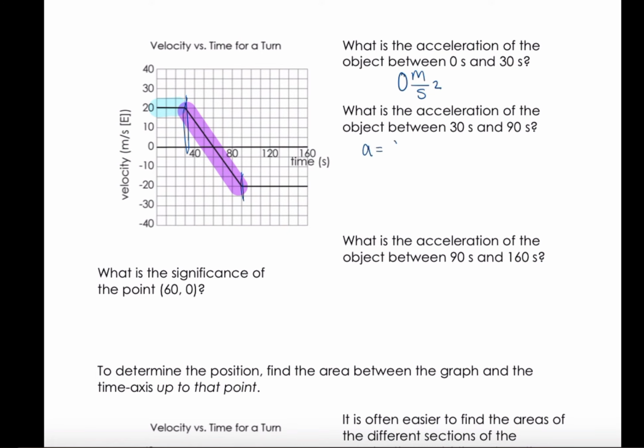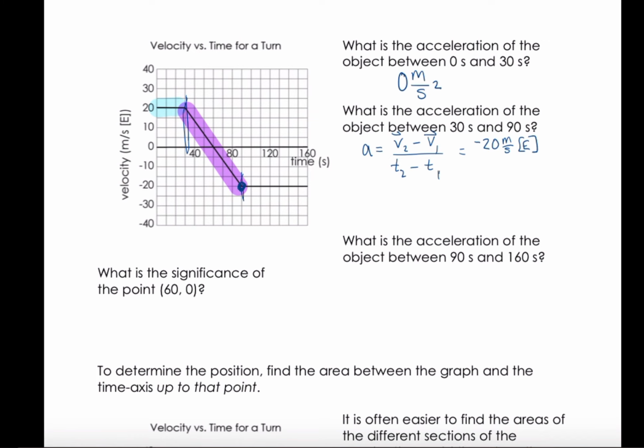So acceleration is going to be v2 minus v1 all over t2 minus t1, okay? If we look, our final velocity is down here, and so it's -20 meters per second east.